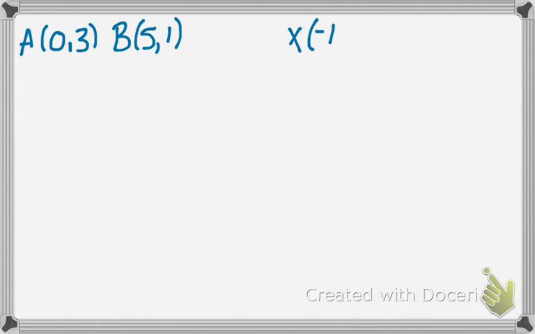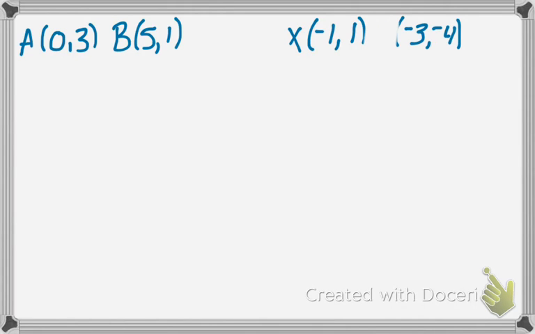Now, let's say you are given two different segments. Point A has the coordinates (0, 3). B has the coordinates (5, 1). And let's say X has the coordinates (-1, 1) and Y has the coordinates (-3, -4).